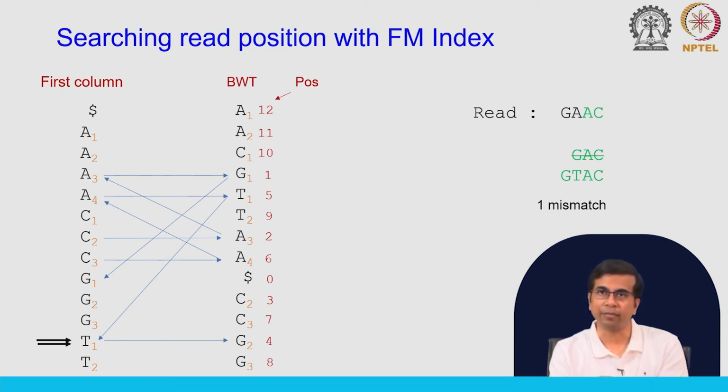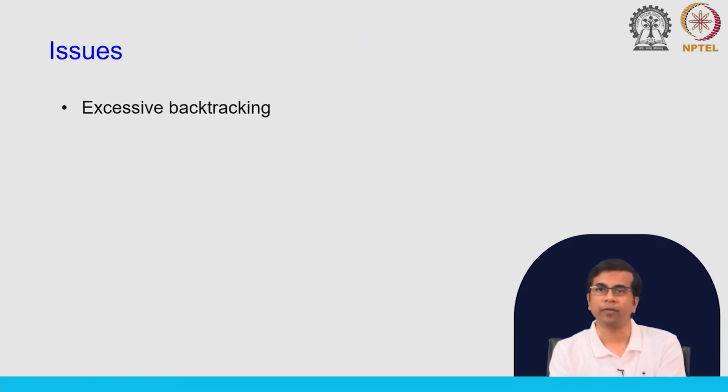So, if you allow for these mismatches, if you allow for this backtracking, it will actually find some mapping somewhere, and here it found that we have GTAC, that is the best match we have, but there is one mismatch. So, one of the issues is that if you allow a lot of flexibility, if you allow backtracking, what can happen is that it will probably take all possible options in all steps.